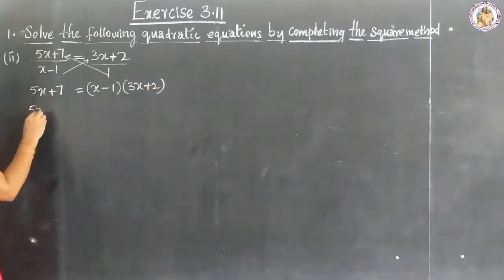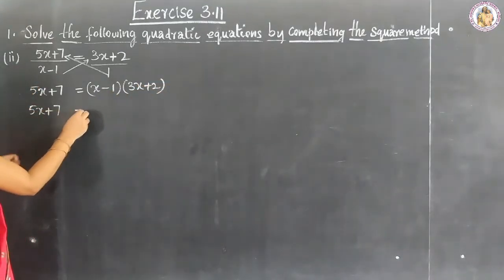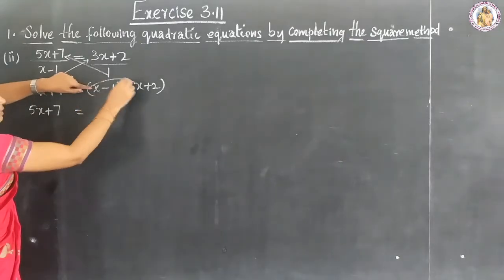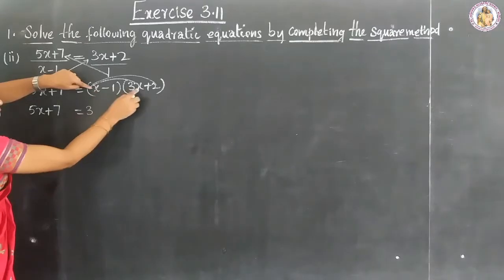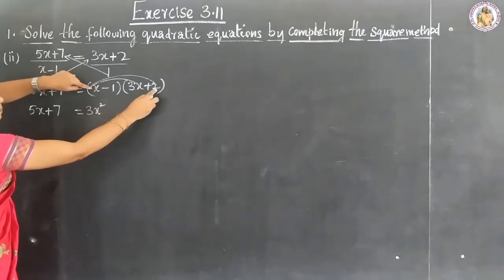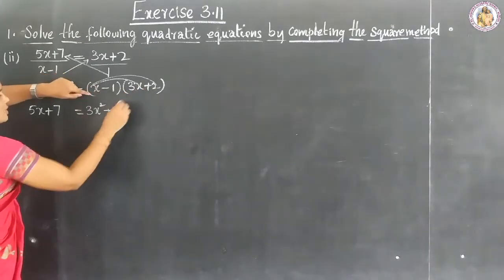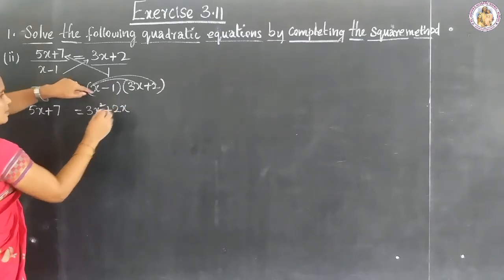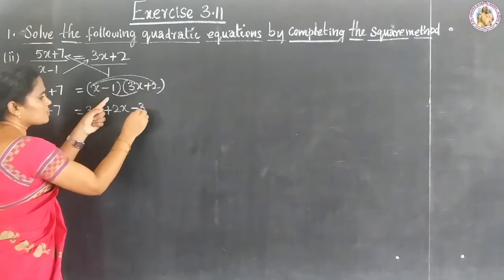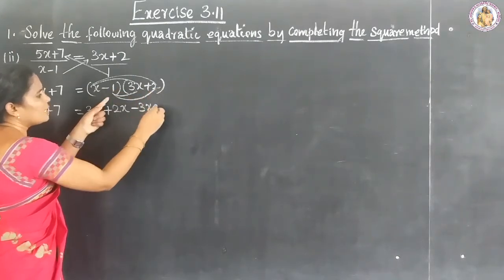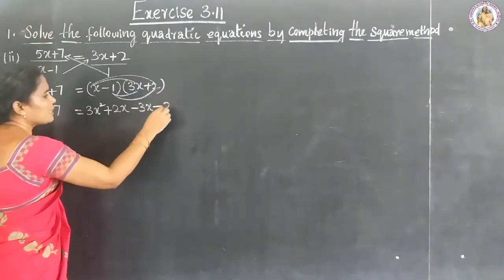So x into 3x is 3x square, plus x into 2 is 2x, and minus 1 into 3x is minus 3x, minus 1 into 2 is minus 2.